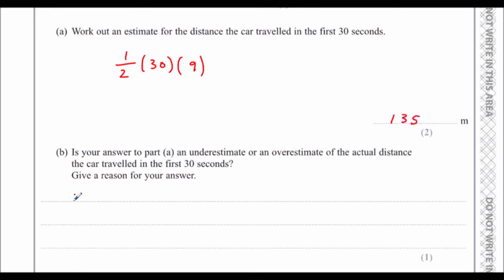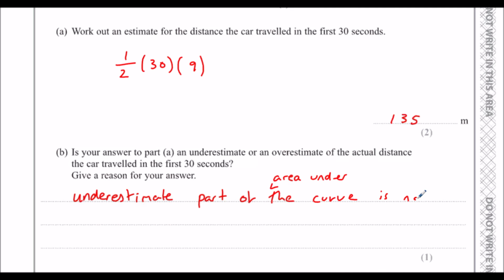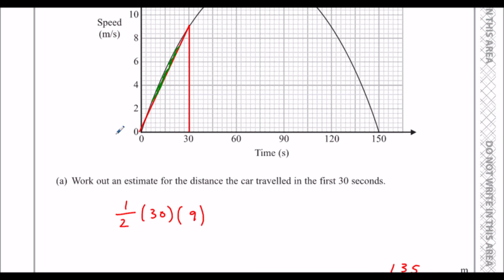So we've underestimated because part of the area under the curve is not included in the triangle. So this green bit here, we haven't counted, so we've underestimated.